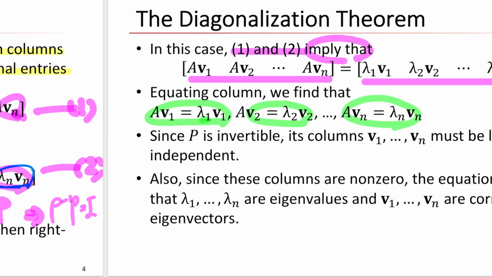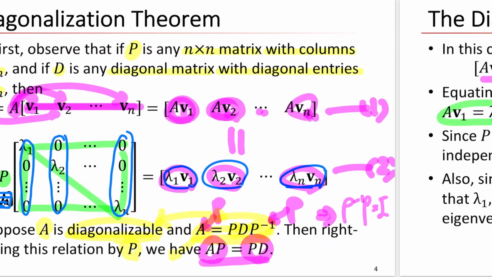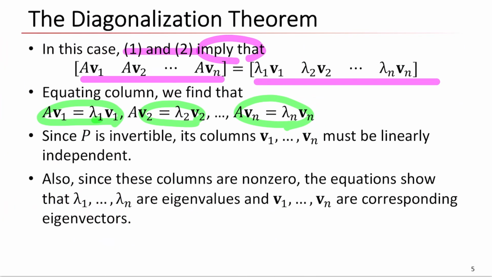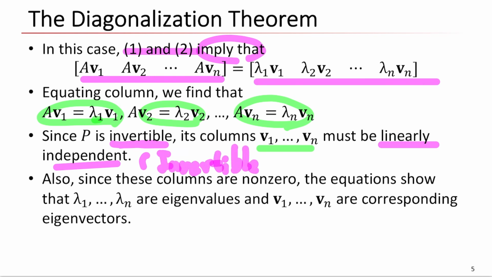And what else? Since the matrix P is invertible, each column v1 through vn must be linearly independent. Why? By the invertible matrix theorem.